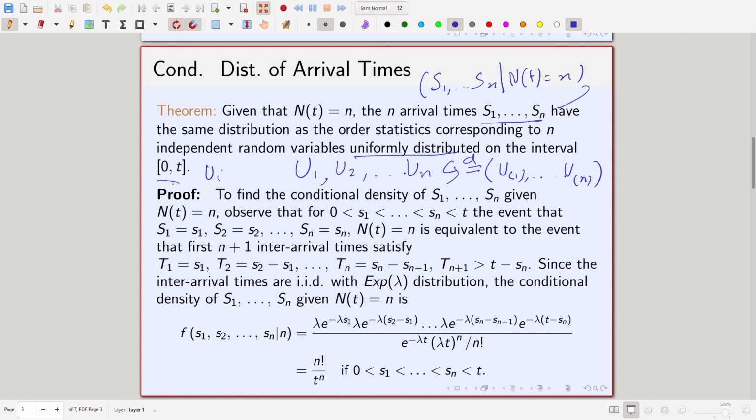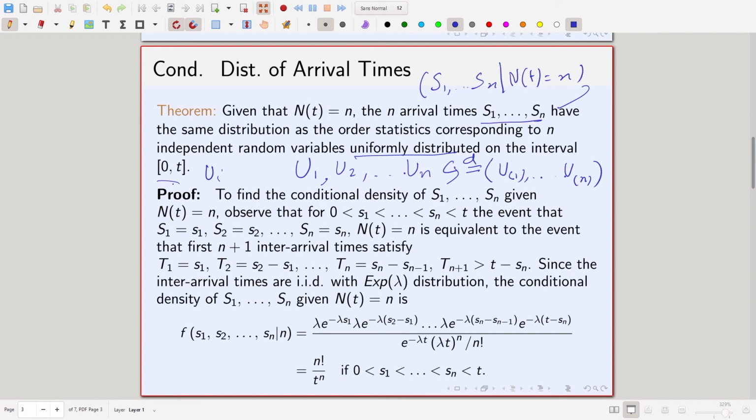So, given that there have been n arrivals up to time t, the conditional distribution of the n arrival times S1, S2 up to Sn is the same as the distribution of order statistics of n uniform 0 to t random variables.